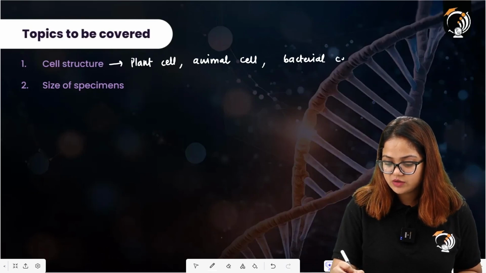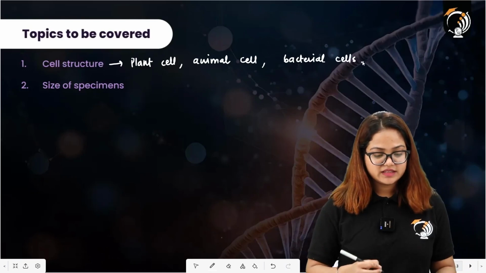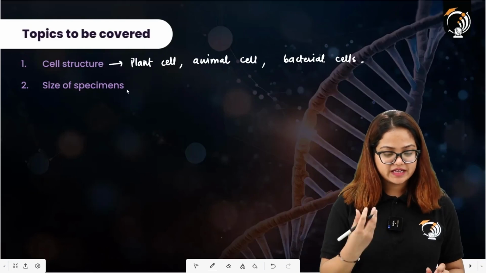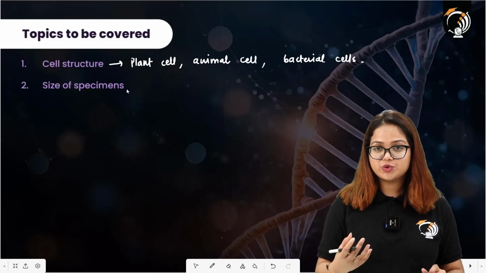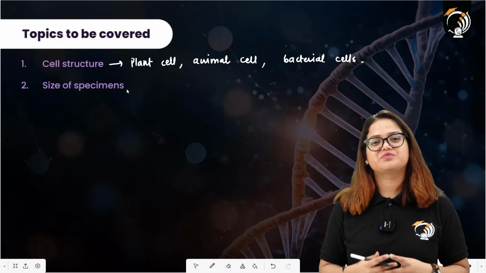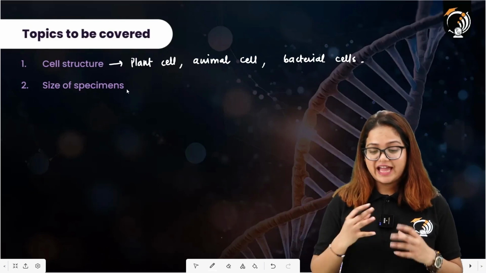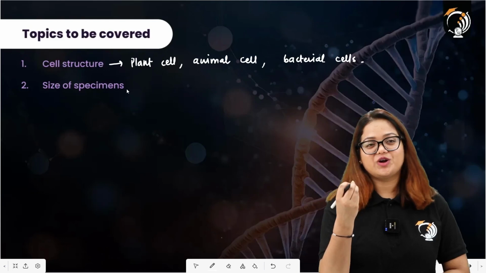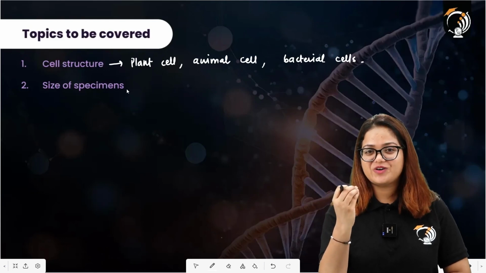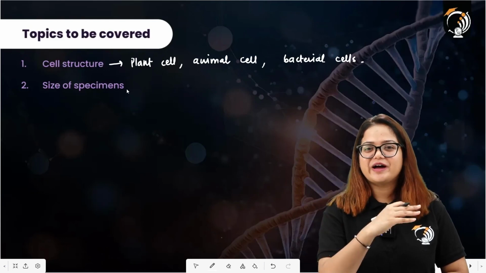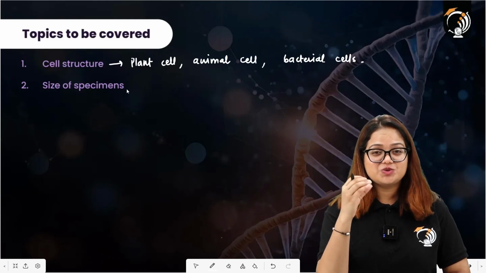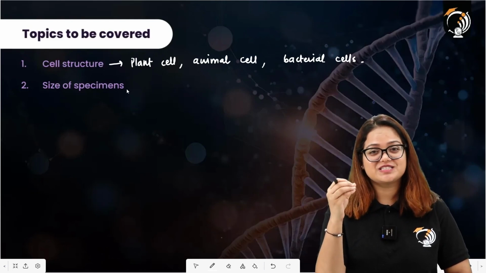We will study their structures as well. Then size of specimens will be taken as another important topic that includes many questions from different question papers. We have already added around 50 or more questions from past papers considering these two topics. So you can consider that this particular session is very important.